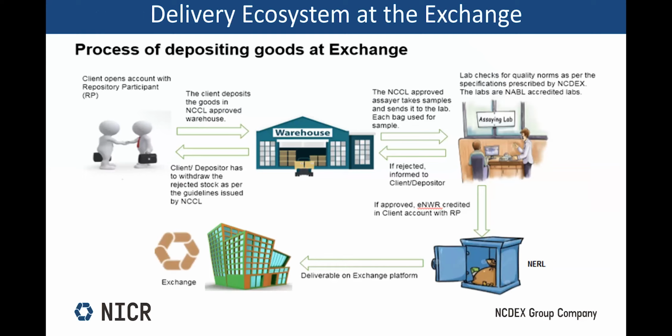So we'll talk about the delivery ecosystem. It is quite robust. There are almost 2-3 million tons of warehouse space, spread across 14 states, for NCDEX. One needs to work through the repository, which is NERL, for electronic negotiable warehouse receipts, which are governed by WDRA, the Warehouse Development and Regulatory Authority, the central regulator for eNWR.